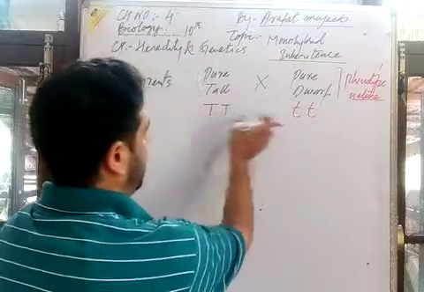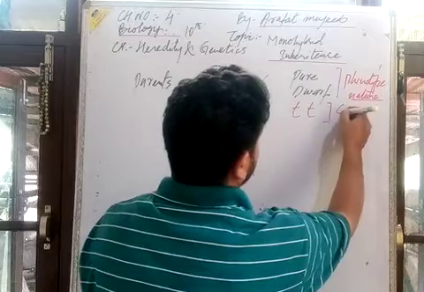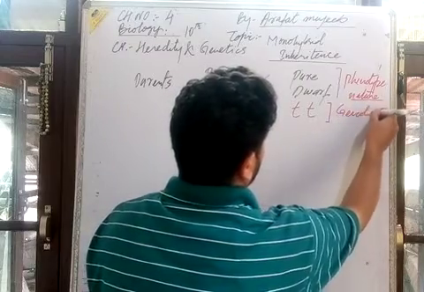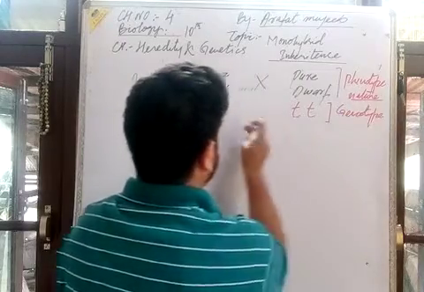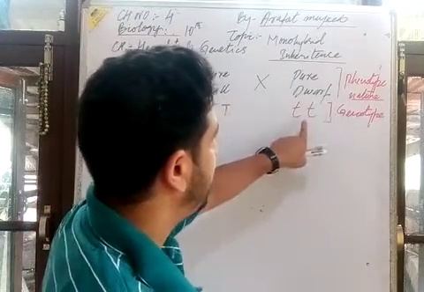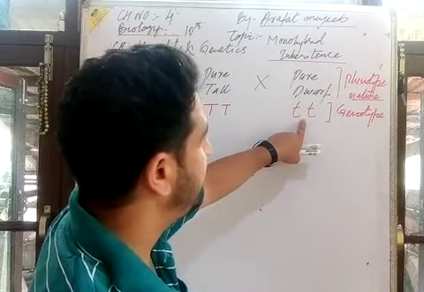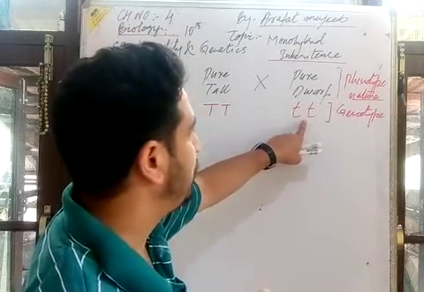Here is the genotype nature. Their genotype is a pair of capital T, and the dwarf character is maintained by a pair of genes, small t.